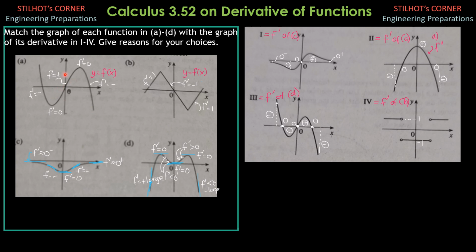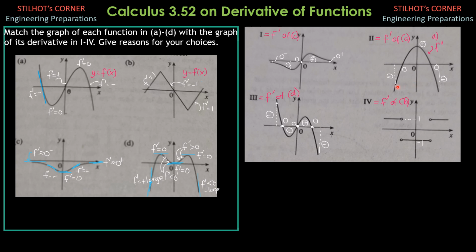So for A, let's evaluate the tangent at this point here, sloping up to the left, and it is negative with a value which is relatively higher. So that's negative, and this is negative but almost zero, so graph 1 couldn't be.